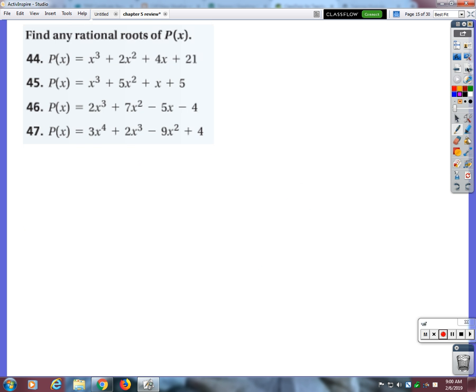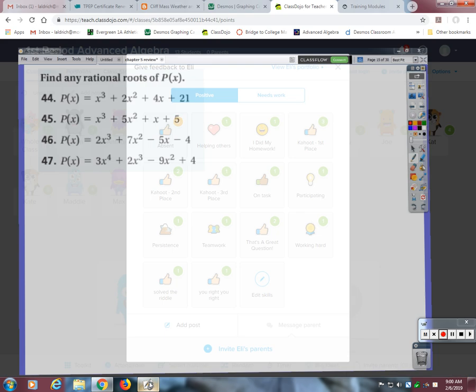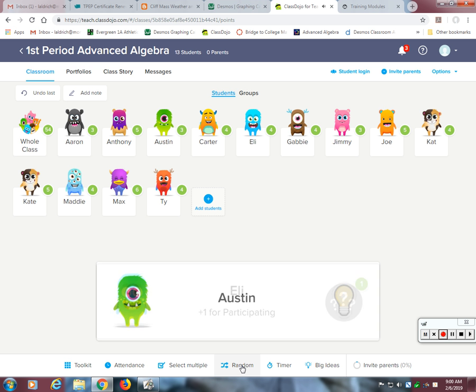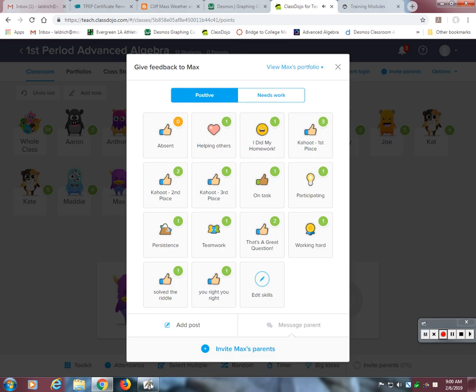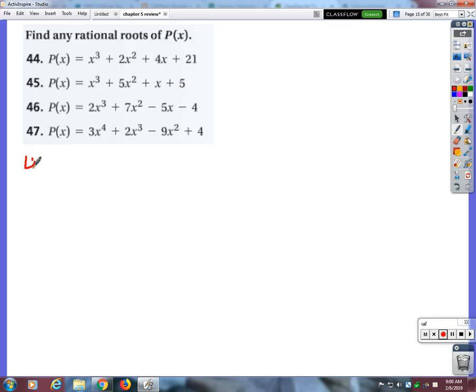All right, so let's find some rational roots. Let's actually do this. Let's use this process to figure it out. So Max, for 44, first of all, what are the factors of 21? Okay.